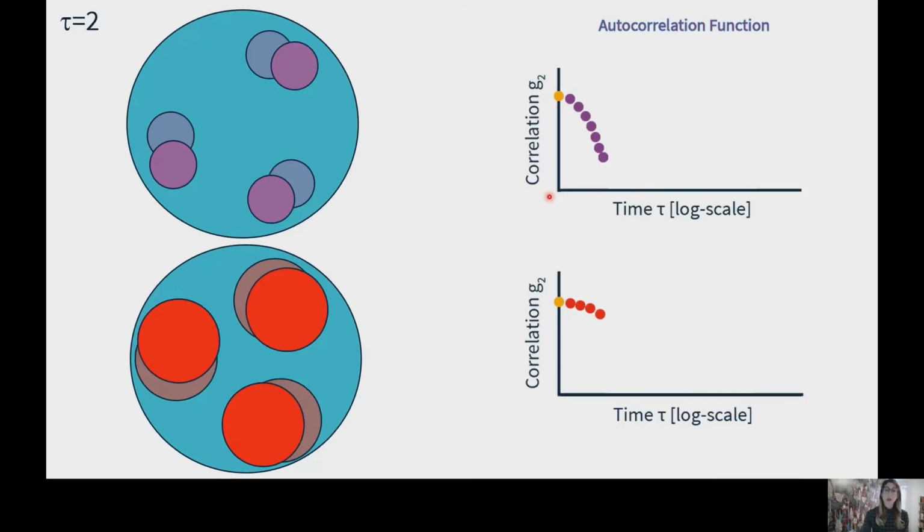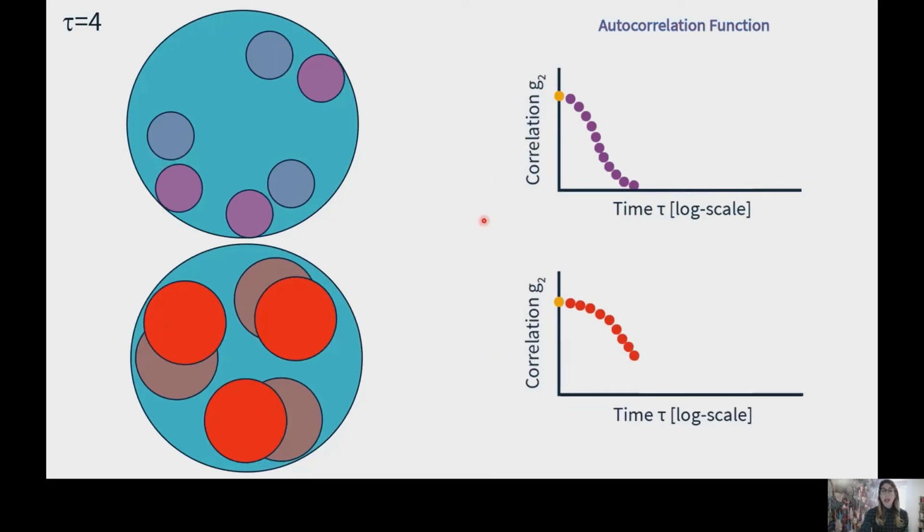Whereas for large particles, shown in the bottom, as time progresses, they're not going to move as much, so there's less intensity fluctuation, and the similarity between the intensity at a time point, say 2, compared to the initial position is more similar for these larger particles than for smaller particles.